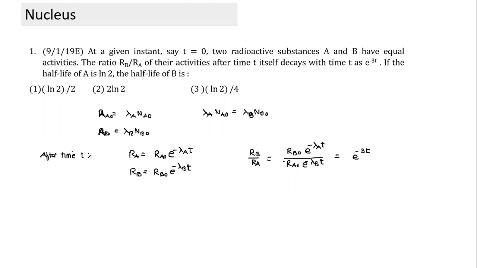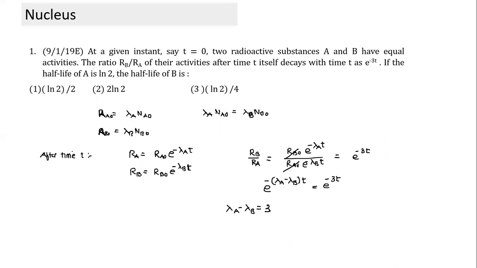Since the initial terms are equal, this comes out equal to e raised to the power minus lambda A minus lambda B into t, equal to e raised to the power minus 3t.